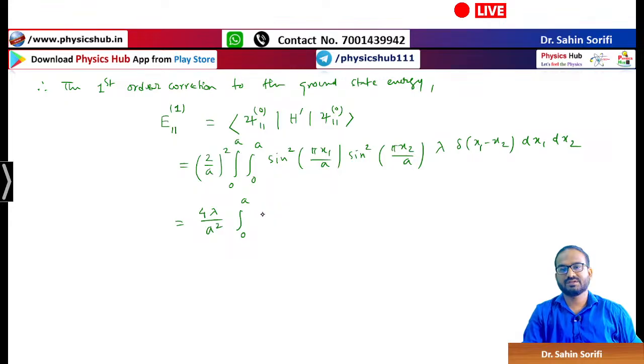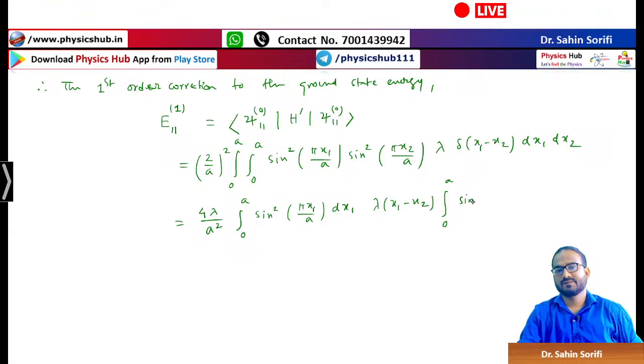Let me do it in another step, then it will be clear to you. sin²(π x1/a) dx1, and let's say λ δ(x1 − x2), let's keep it here, we cannot ignore it, 0 to a, sin²(π x2/a) dx2.